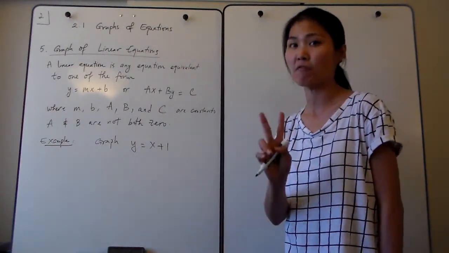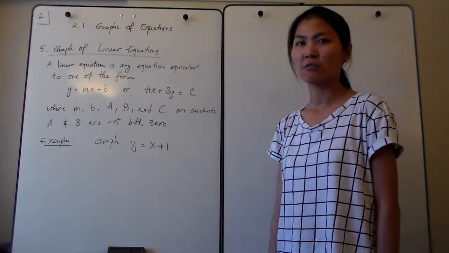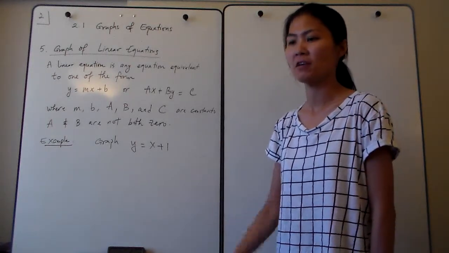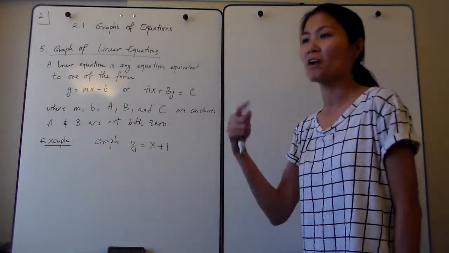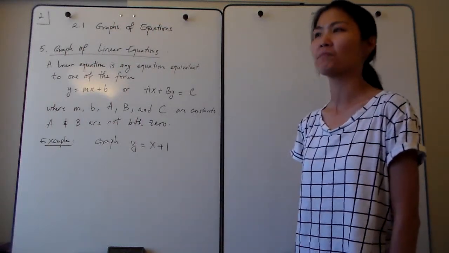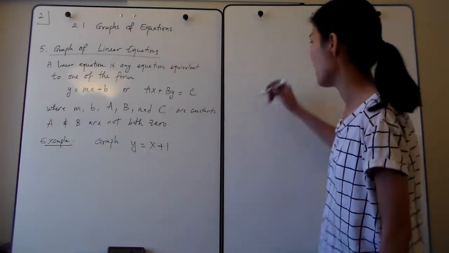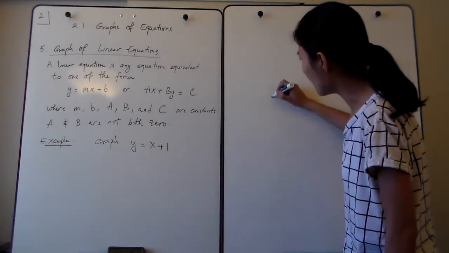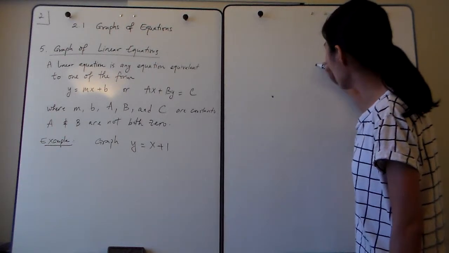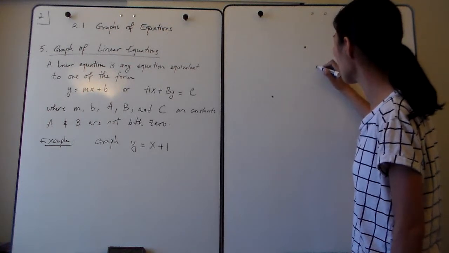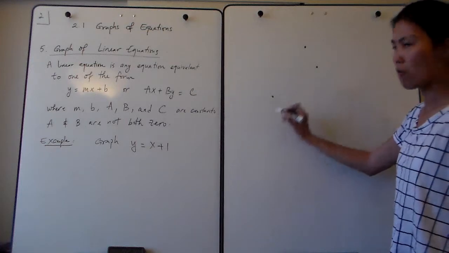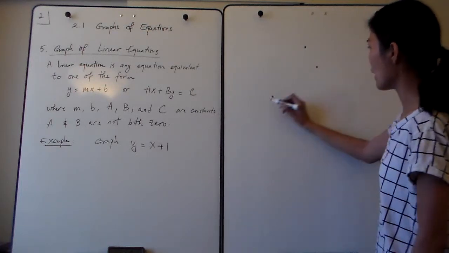2 points are enough. But sometimes it's good to find a third point just for verification, because what if one of the first 2 points you obtain is incorrect? For example, if the first 2 points you obtain are somewhere here and the third point you obtain is here, how do you know how to draw the line?